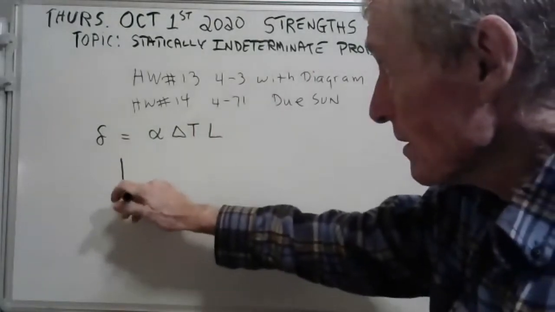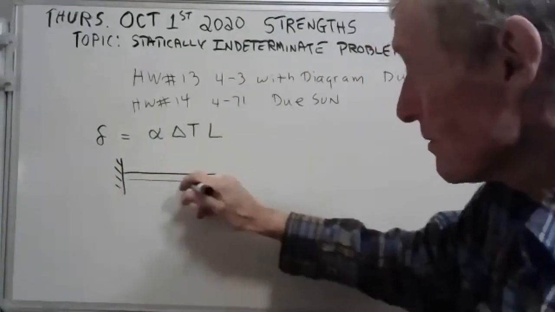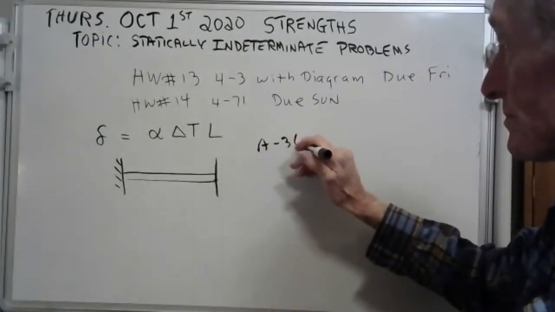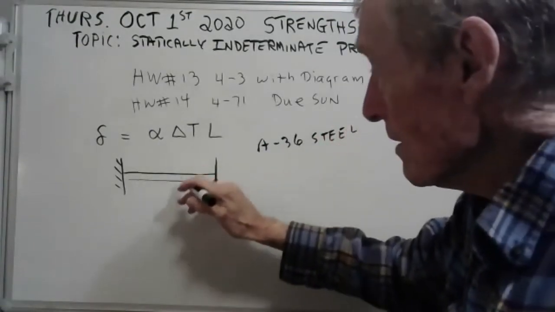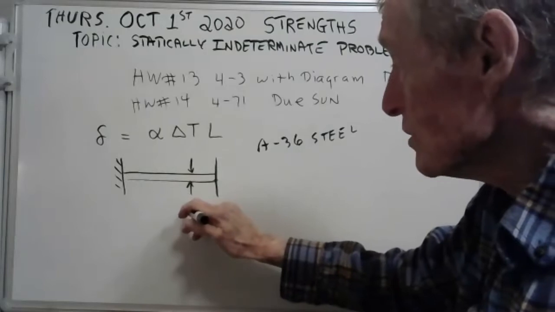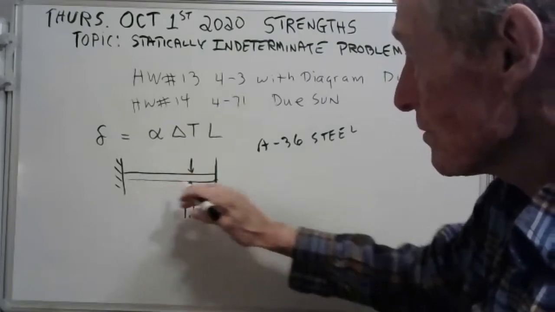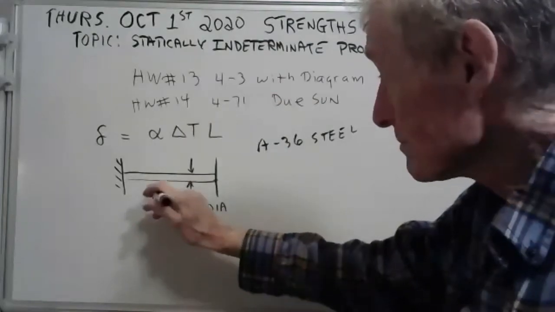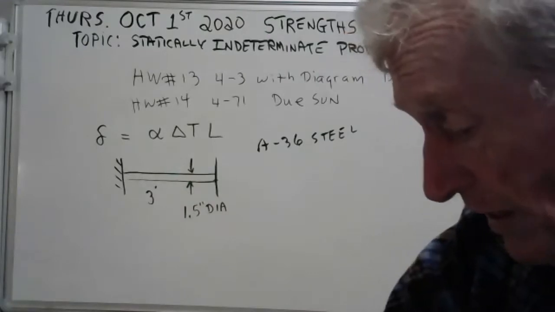Suppose you had some fixed walls here, and you had a rod made of A36 steel. Suppose the diameter was, I don't know, inch and a half. I'm just making this up. And suppose it's 3 foot long.